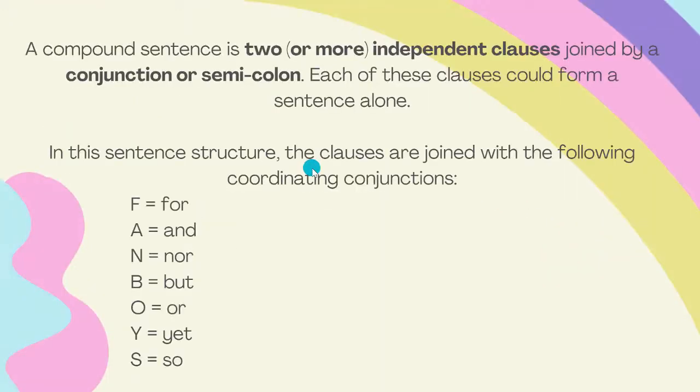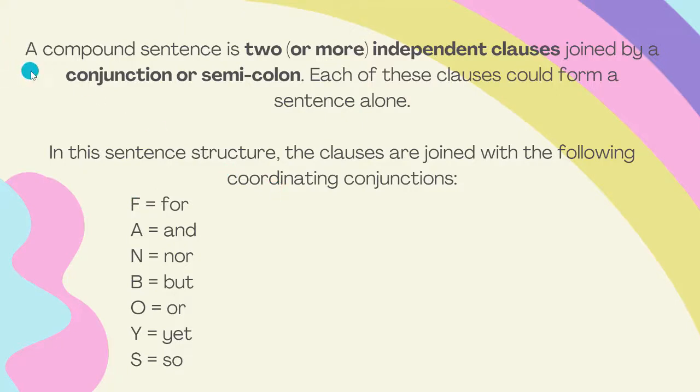Next, let's see. We are entering the discussion about compound sentence. Okay, so a compound sentence is two or more independent clauses joined by a conjunction or semicolon. Each of these clauses could form a sentence alone. So for example, in the sentence structure, the clauses are joined with the following coordinating conjunctions.